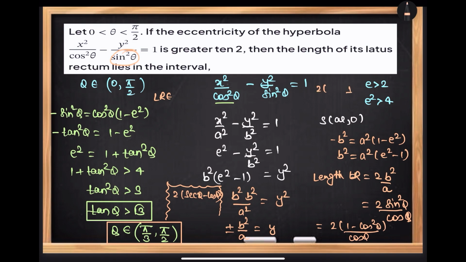Cos 60 is 1 by 2, sec is 2, so can I say that it is 2 times 3 by 2, 2 and 2 gone. So it is 3. So minimum is 3. We cannot reach pi by 3, it's an open bracket, so open at pi by 3. At 90, sec will go to infinity. So infinity minus anything is infinity. So the length of the latus rectum will range from 3 to infinity. I hope the idea is clear.